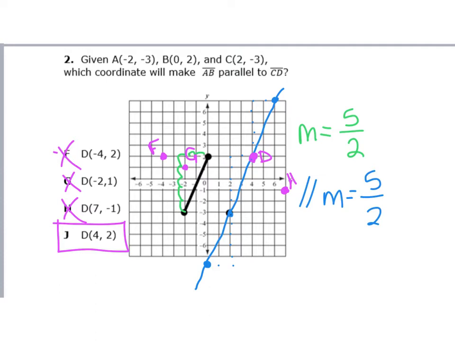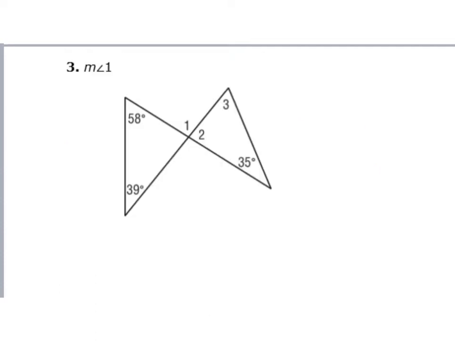Okay? Number 3. Find the measure of angle 1. If I look at the triangle just on the left, it has an exterior angle, and that's the one I'm trying to find. I'm trying to find this exterior angle right here.